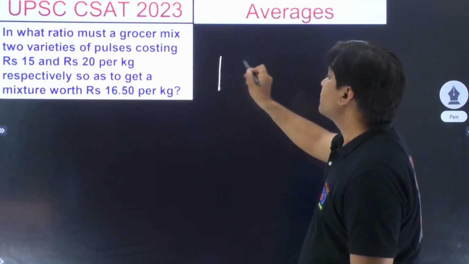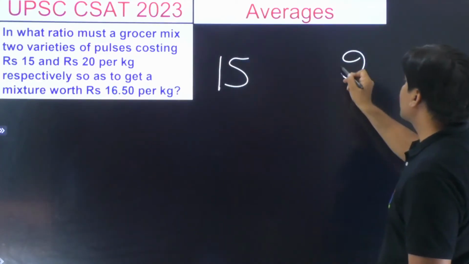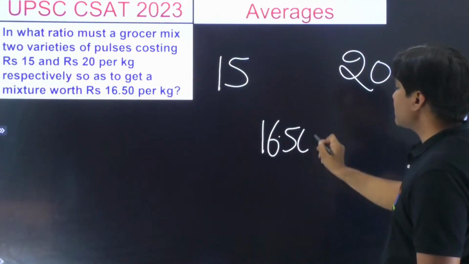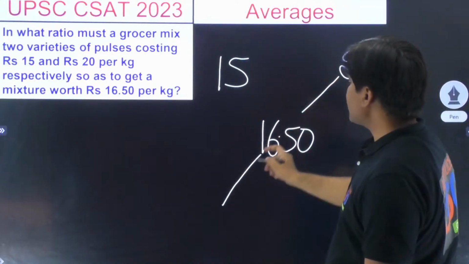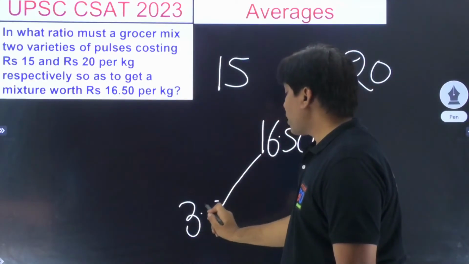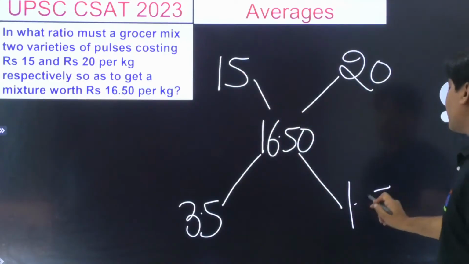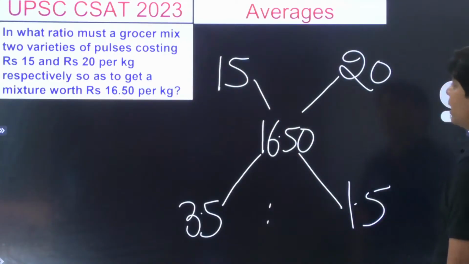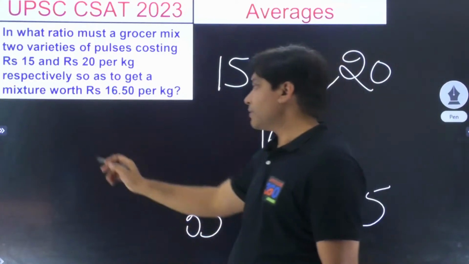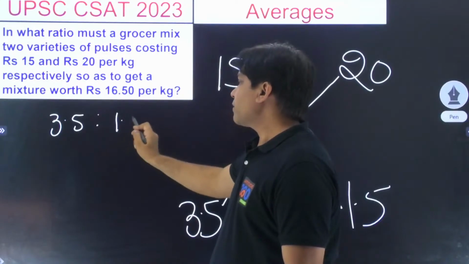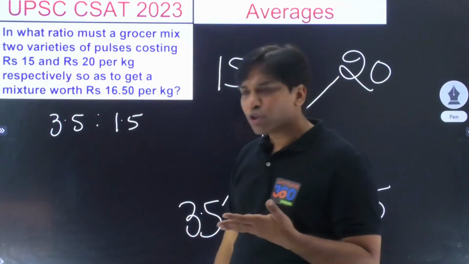So we got 15 rupees and we got 20 rupees, and then what I have to do is 16.5. So this minus this value is 3.5, and then this minus this, it is 1.5. What is your ratio? 3.5 is to 1.5, and I say multiply both of them by 10.